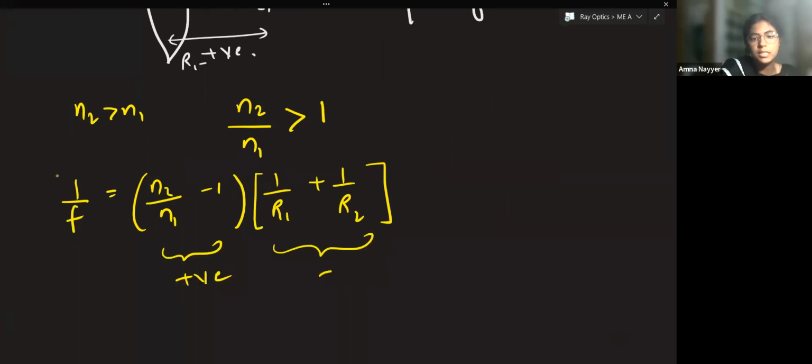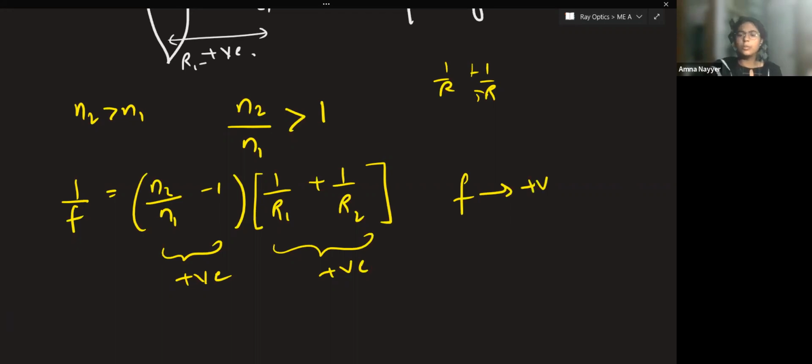This term is also positive, because see, 1 by R1 minus 1 by R2 is there in the formula. R2 was negative, negative, negative became plus. So this term is also positive. So you can directly say focal length will come out to be positive, and the lens will be a converging lens.